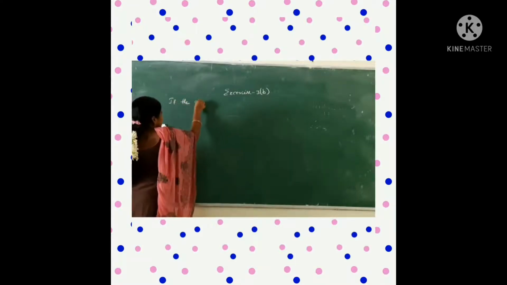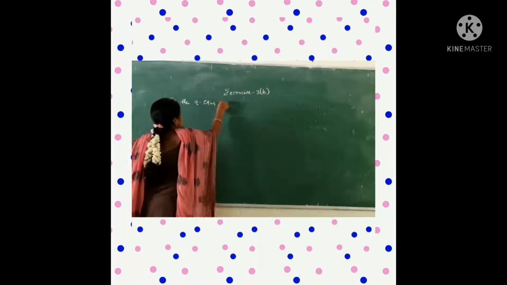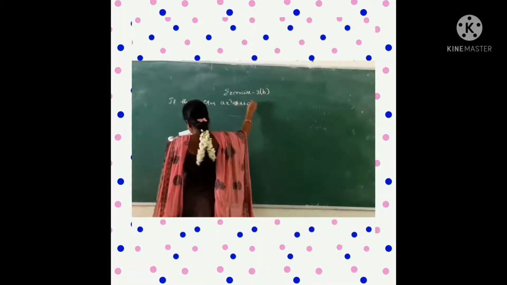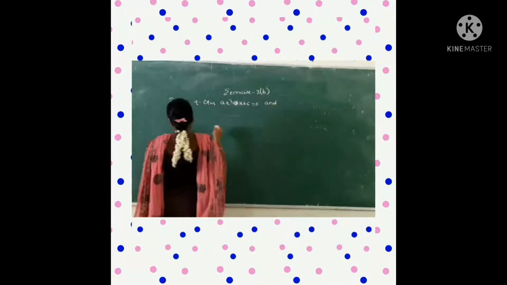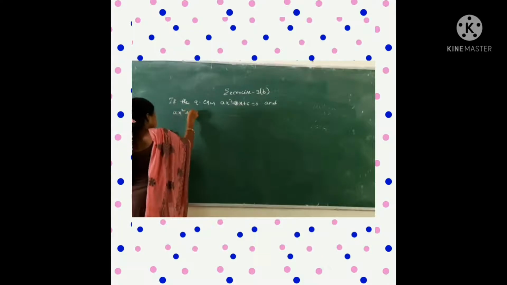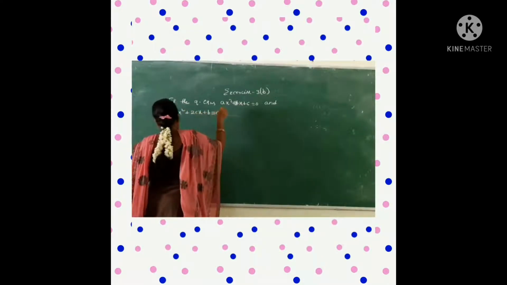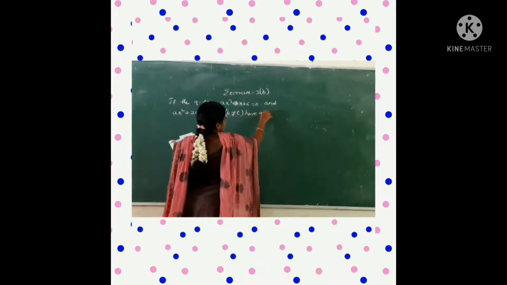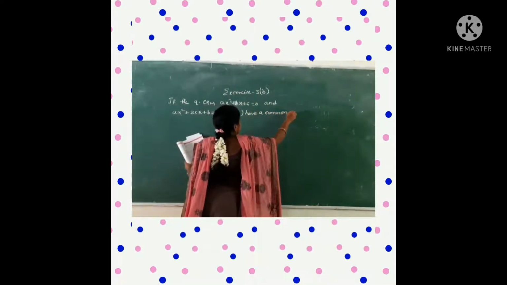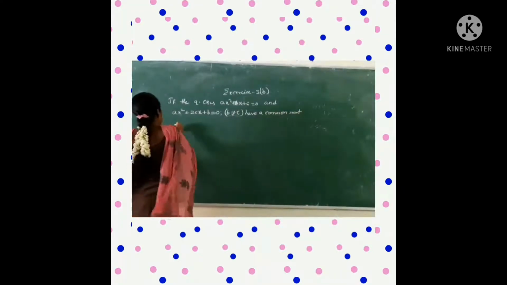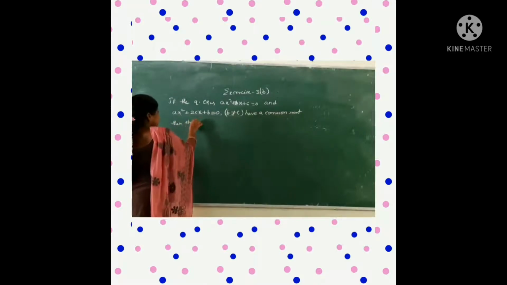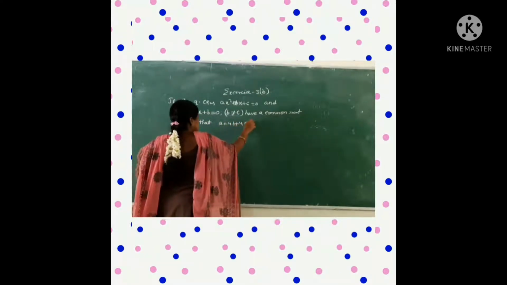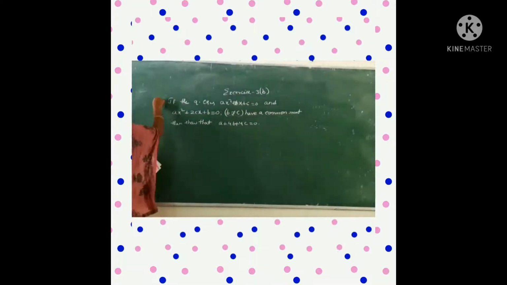If the quadratic equations ax square plus 2bx plus c is equal to 0 and ax square plus 2cx plus b is equal to 0, and b is not equal to c, have a common root, then show that a plus 4b plus 4c is equal to 0. Okay, this is the question 1 solution.